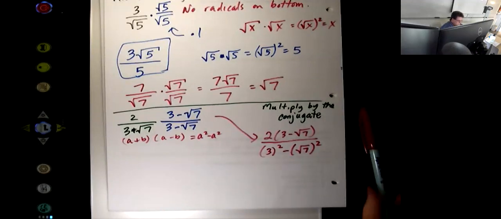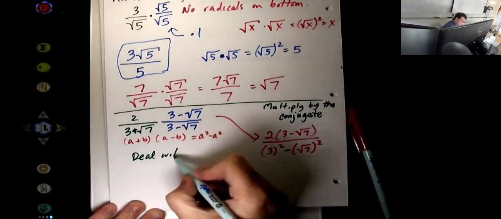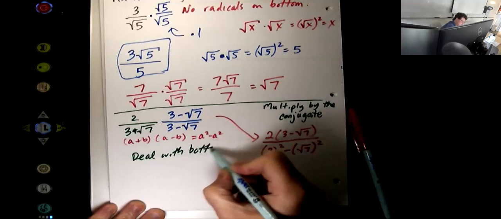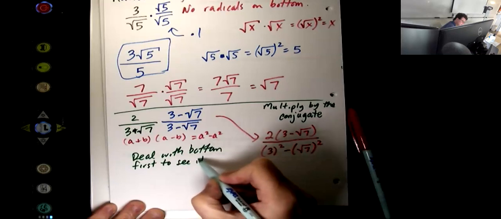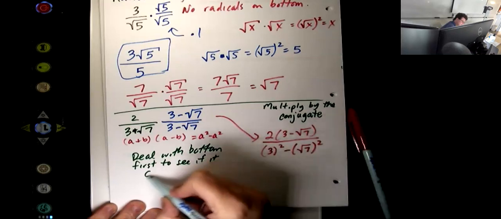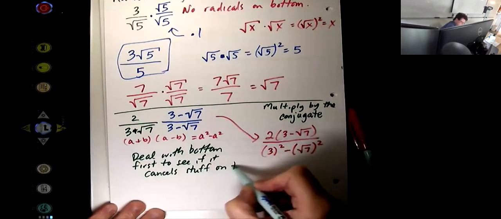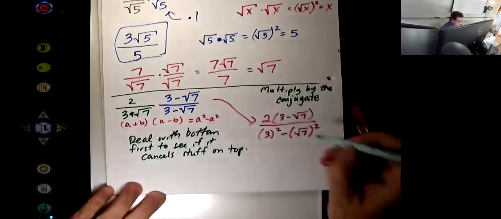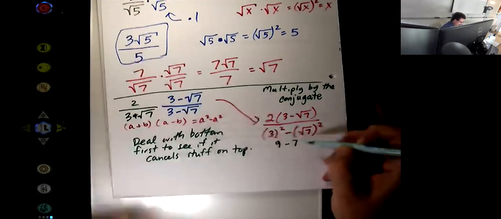I recommend when you get to this point, deal with the bottom first before multiplying through on the top, because you might get lucky and it might cancel out. Three squared is 9 and square root of 7 squared is 7.